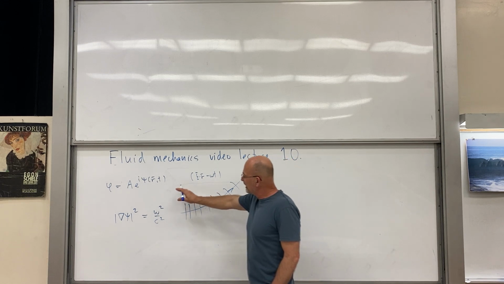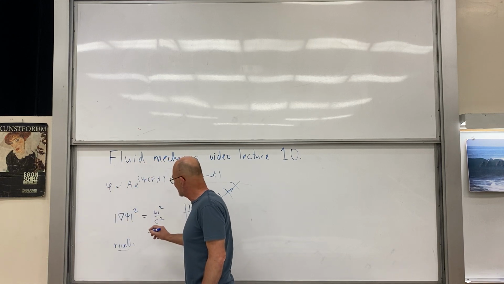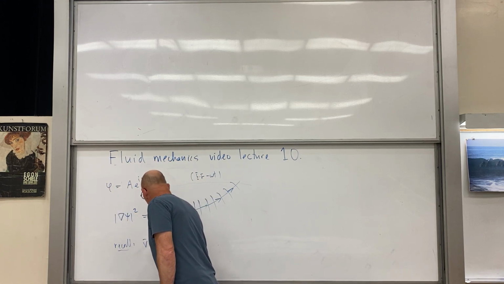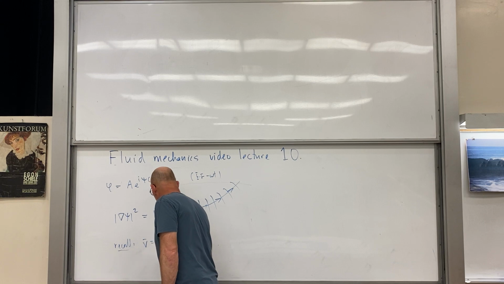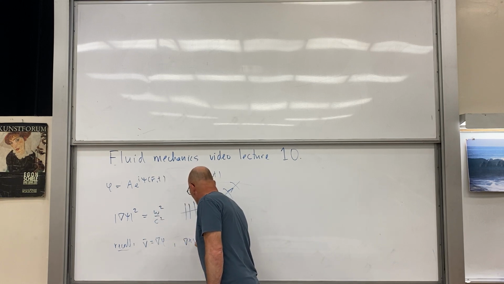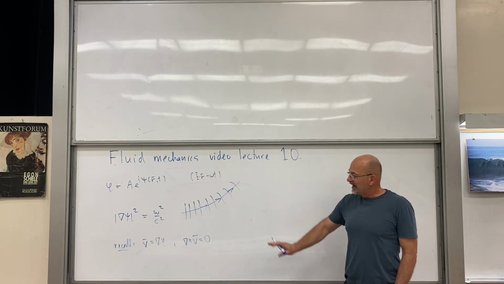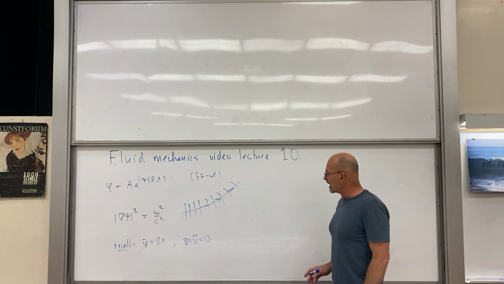So recall, this was for the fact that v is gradient phi, and of course, therefore, curl of v is equal to 0. So this was the end of the ideal fluids discussion.